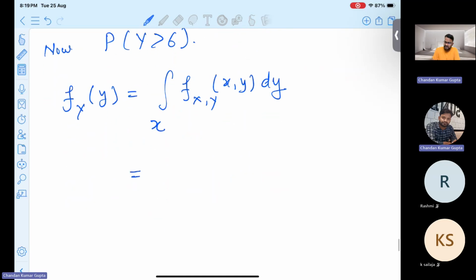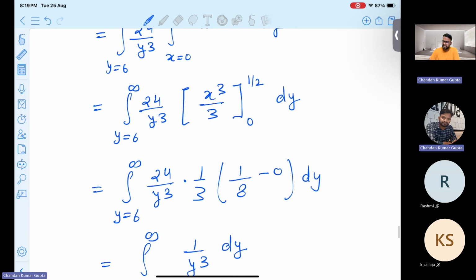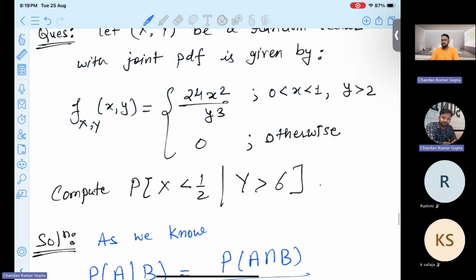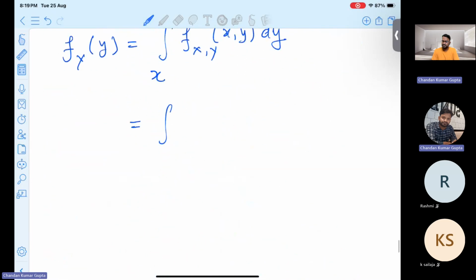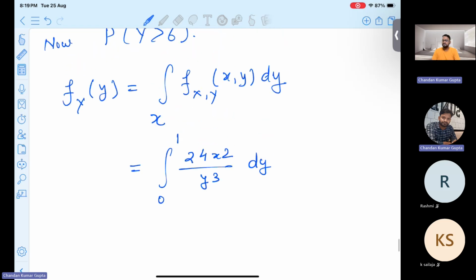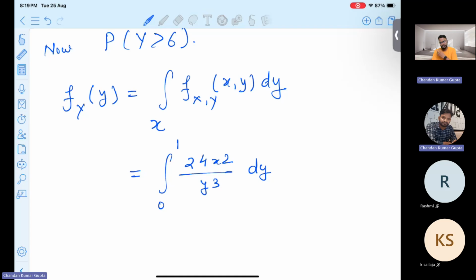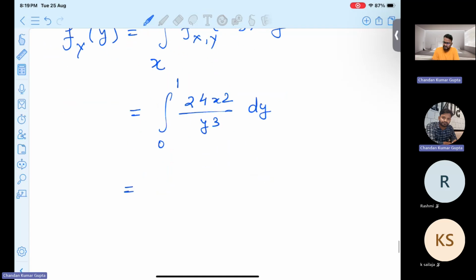Okay. We can put the values, like the integral of x, the range of x is 0 to 1, and 24 x square upon y cube. So x is from 0 to 1, it's 24 x square upon y cube dx. Since it is a function of y, we can take it common.